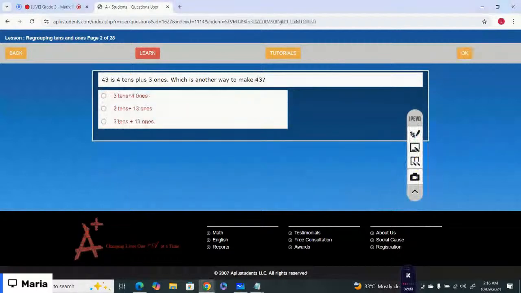43 is 4 tens plus 3 ones. There's another way to make 43, which is the correct option.